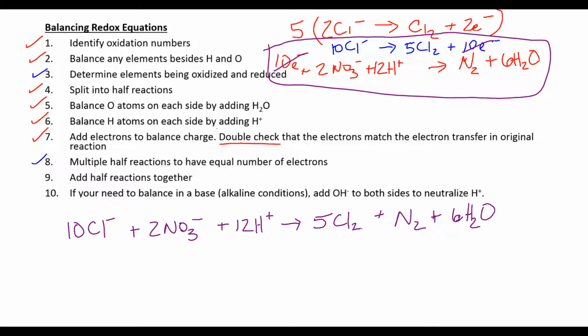So we've added our two half reactions together, and we don't need to simplify this reaction anymore.